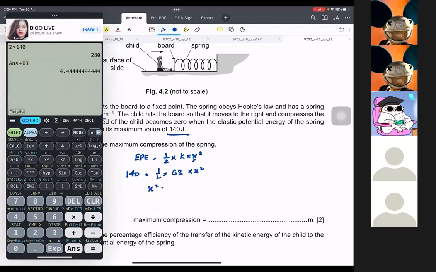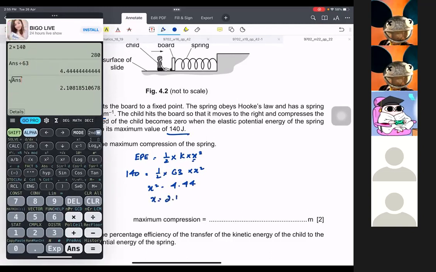And x squared will be 4.44. And then what you do? Take under root. So this is 2.11. So 2.1 meter would be ideal.